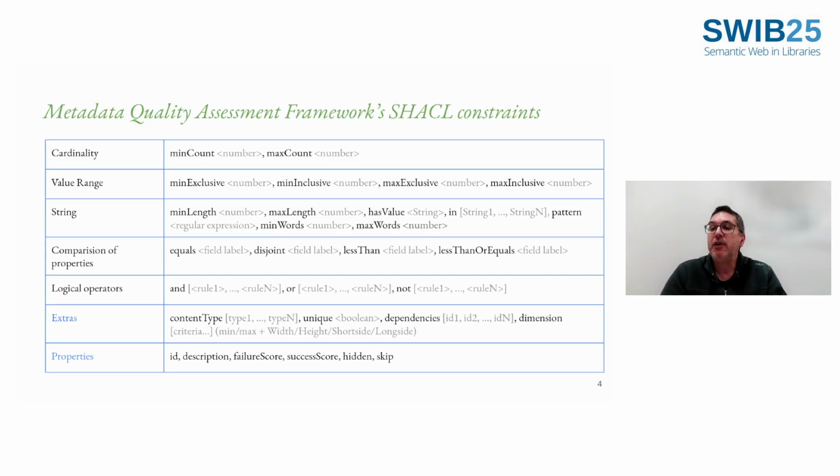While working with real data sets and metadata practitioners, it became evident that we should introduce additional constraints and properties, such as checking the content types of URLs or dimensions of images, giving descriptions and identifiers to individual rules, hiding or skipping them, and setting dependencies between them.